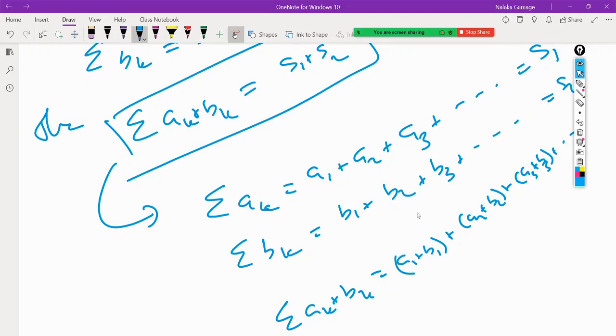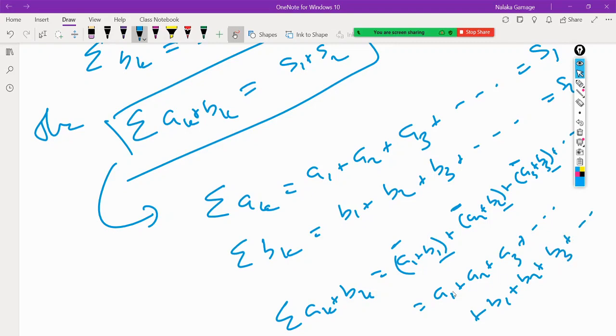We can group the A terms together: A1 plus A2 plus A3 plus blah blah blah, is what? S1. And the B terms, B1 plus B2 plus B3 plus blah blah blah, is S2.